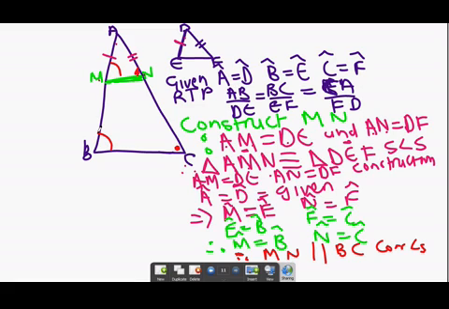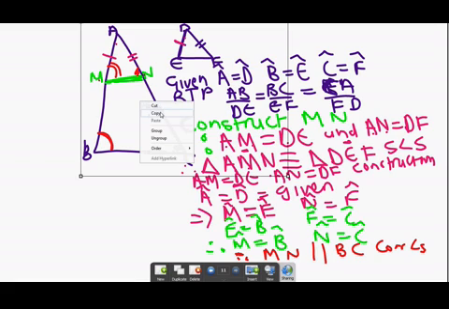Because M is equal to B, if those two angles are equal, then those two lines are also parallel. Once we have done that, we can now use the proportional division theorem. Let's just take this triangle to the next page.